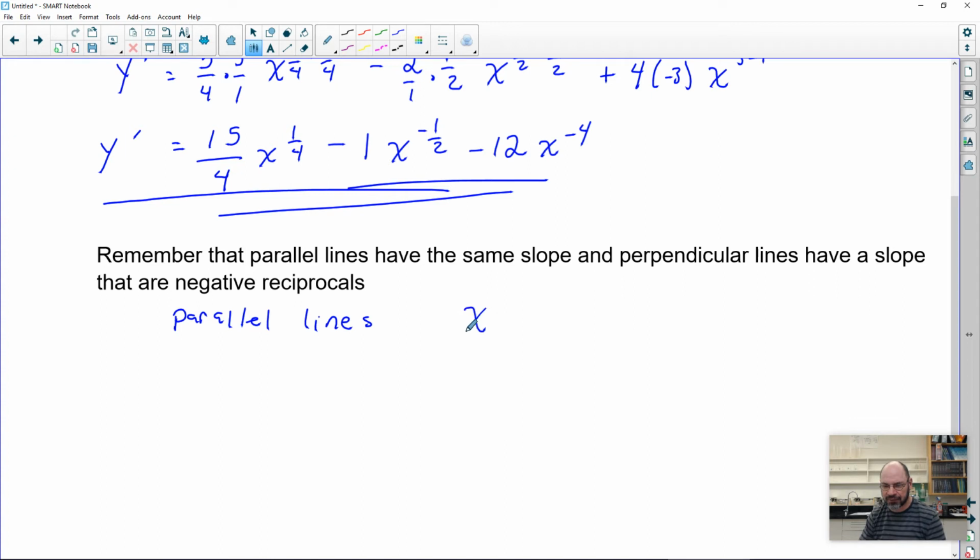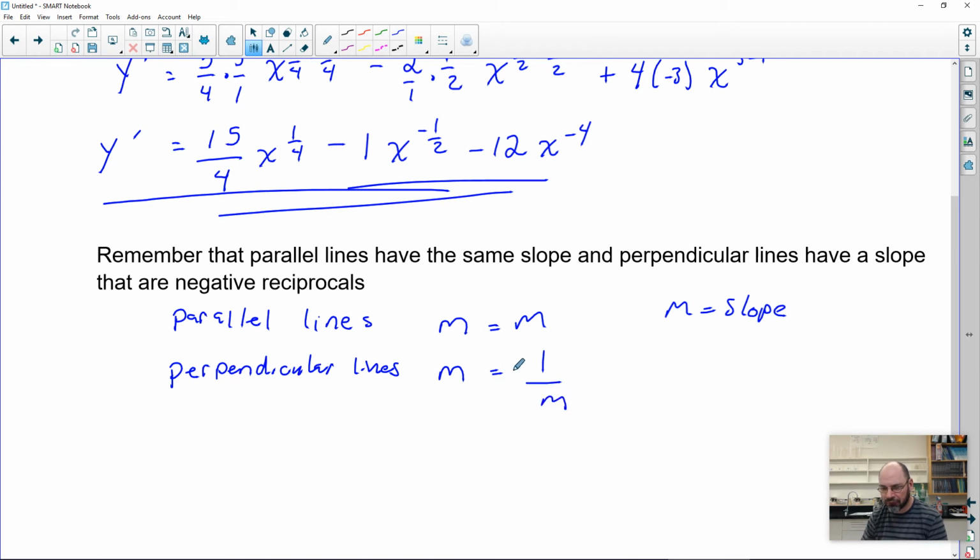So if one line has slope m, we'll use m for slope, because we know m equals slope, the other is equal to m. And for perpendicular lines, if you have one line with slope m, the other one is equal to negative 1 over m. So that's kind of the relation that we'll need.